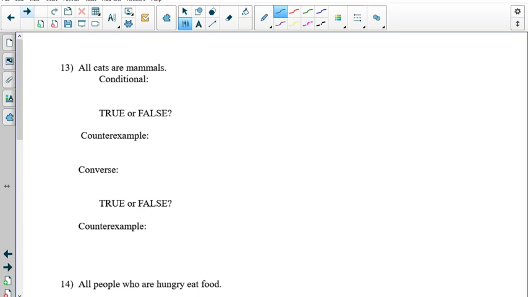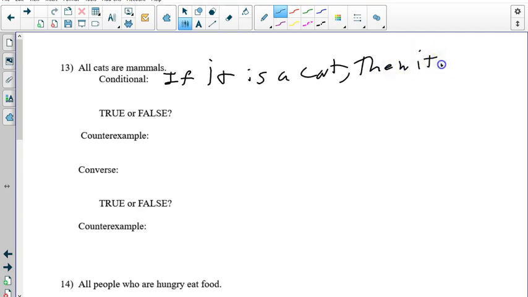All cats are mammals. Make it a conditional statement. If it, whatever we're talking about, is a cat, then it is a mammal. Okay? True or false? Yes. Because all cats are mammals. So that's a true statement.